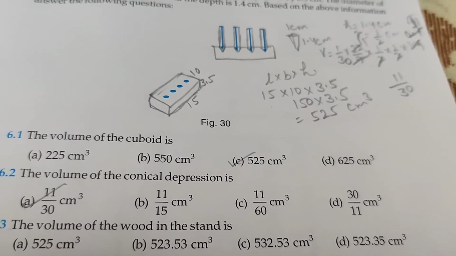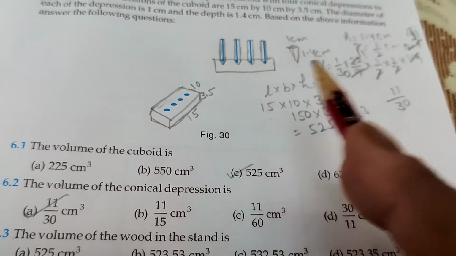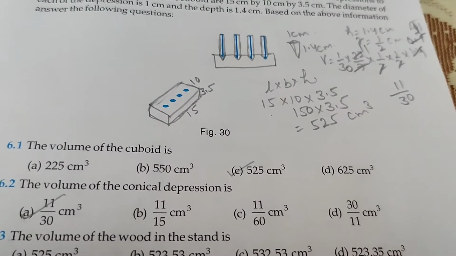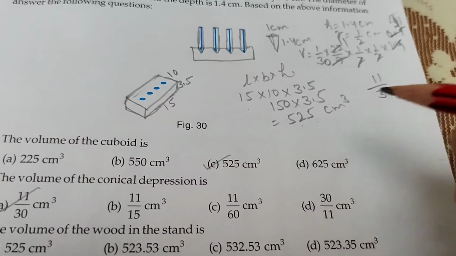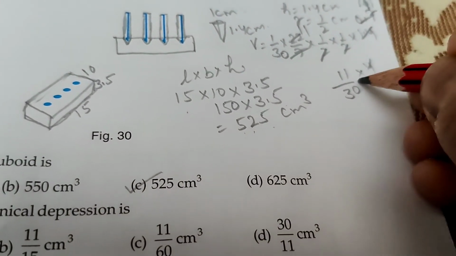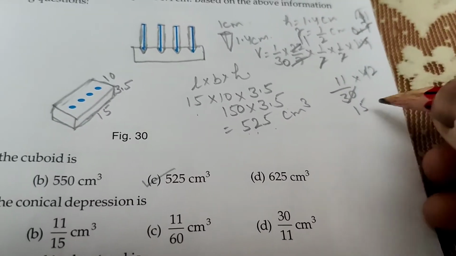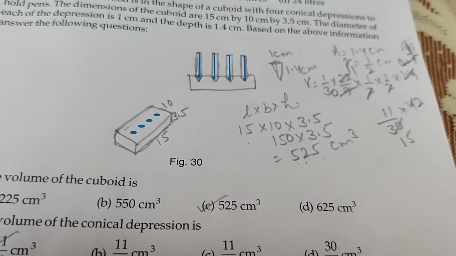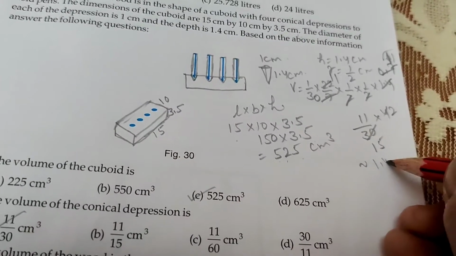Now the volume of wood in the stand. Volume of wood in the stand means volume of cuboid minus volume of 4 cones. So the volume of cuboid is 525 minus 4 cones, 11 by 30 into 4. Now cancel, 22 by 15 is approx 1.47.